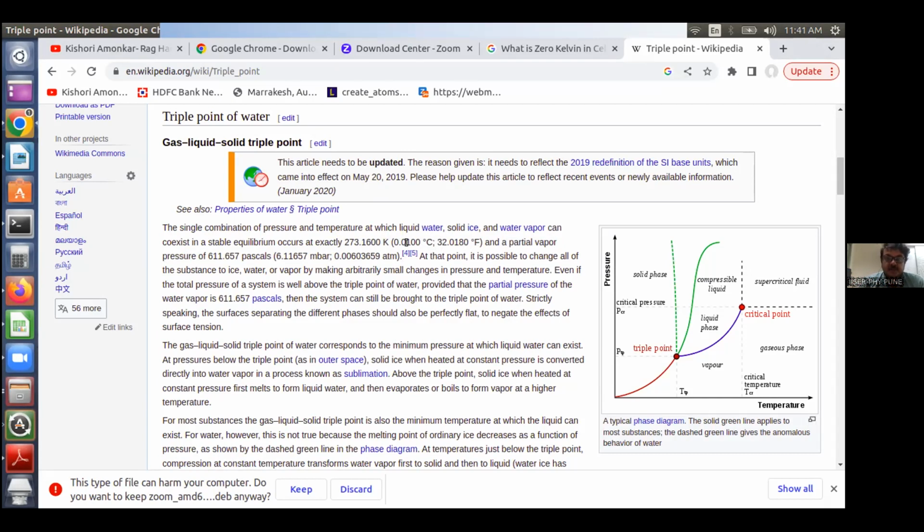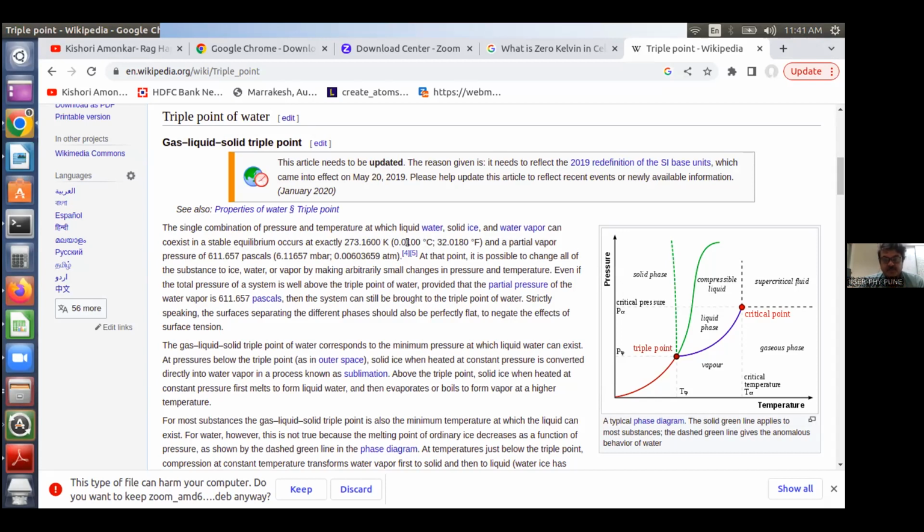So the 0 degree Kelvin, once you extrapolate it back, as we discussed in the last class, is 273.15. And accuracy to the second place of decimal, I don't know, it might be more accurate possible today. But this is the clarification.